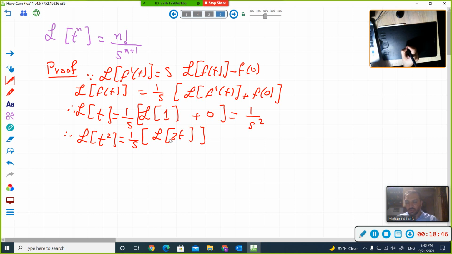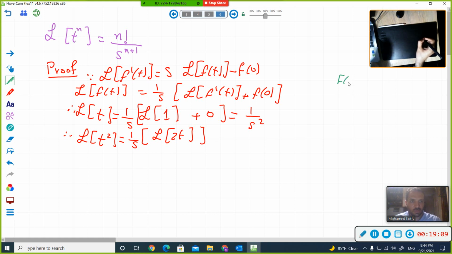Okay, so we know, or we can prove it simply, that for the Laplace transform of any constant times a function, the constant can be pulled out of the Laplace. So this is very simple. We can prove it quickly from the definition of the Laplace transform.